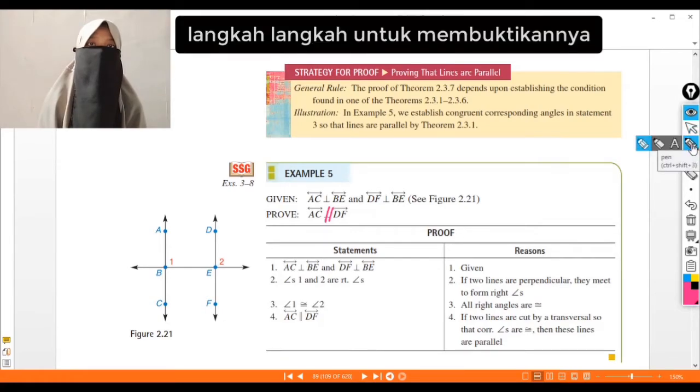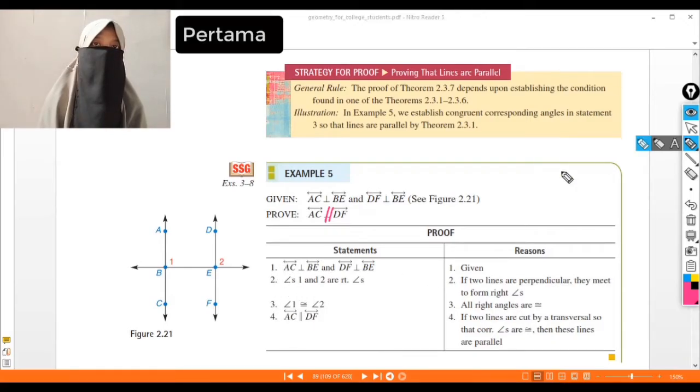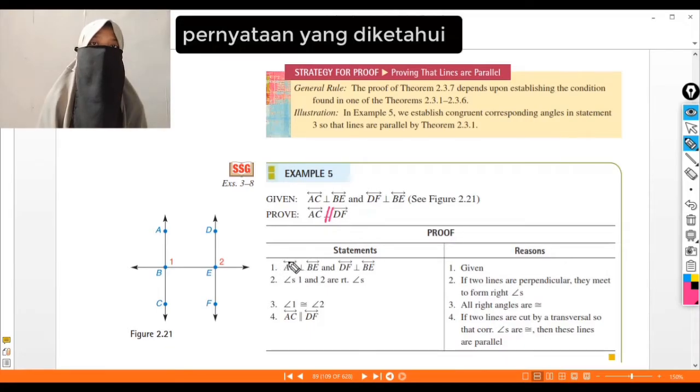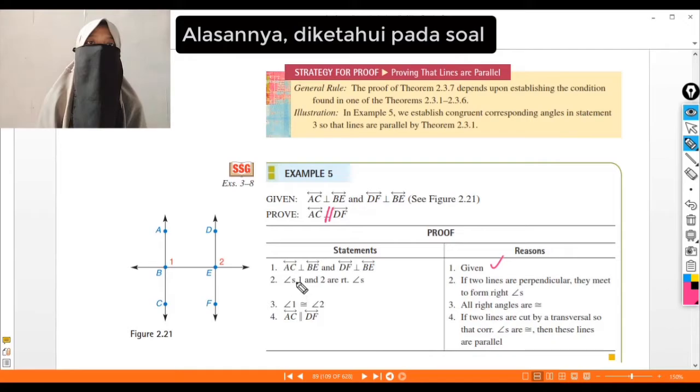The way to prove that, we use four steps. First, the statements given are AC perpendicular to line BA and line DF perpendicular to line BA.